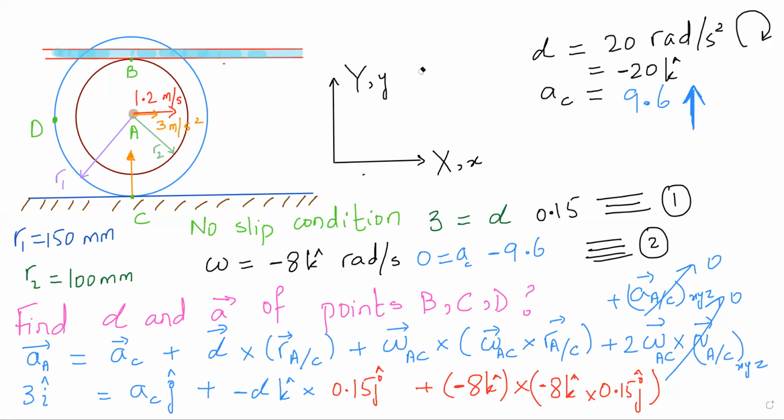AD, 100% you are doing. Give me AD quickly. Write the formula and you tell me AD. Please find the AD, our online students. Acceleration at point D. Again, this is a solid disk.